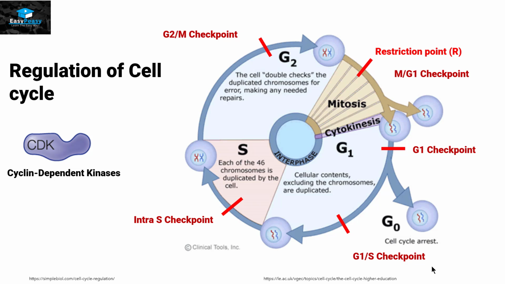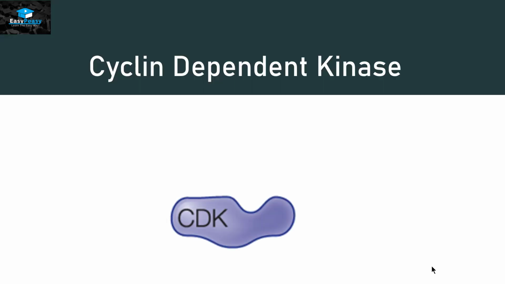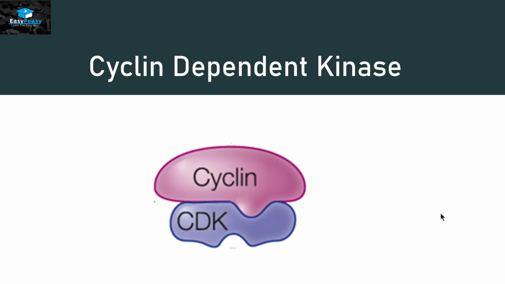Now let's discuss cyclin-dependent kinases in detail. This is our enzyme, the cyclin-dependent kinase. You can see the structure of this kinase like this. There is a dip over here. Now this is cyclin dependent, so a cyclin protein will attach itself to it like this.